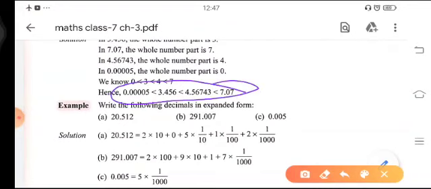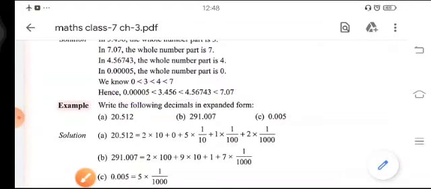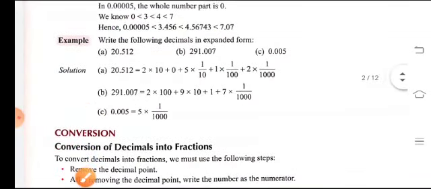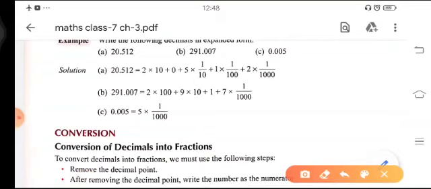Okay, I hope you understand how to compare decimal numbers and find the greater and smaller ones. Our next topic is how to write decimal numbers in expanded form.